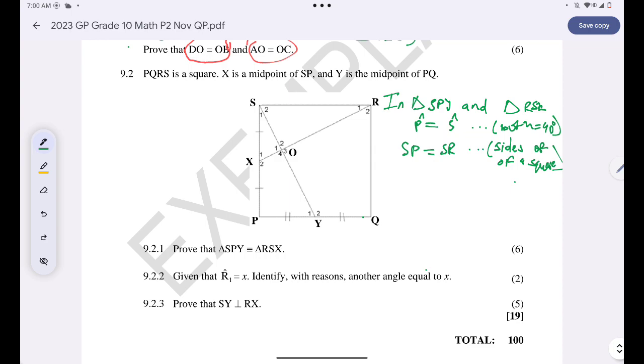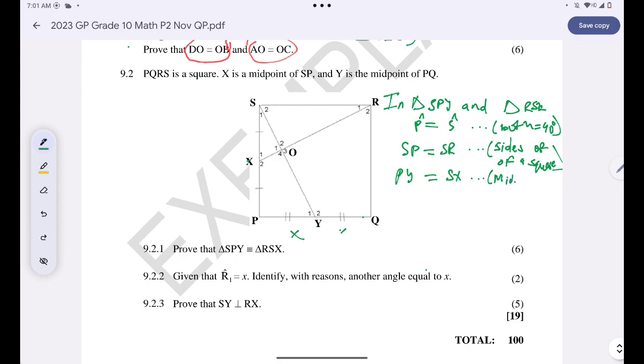And then what do I have? Since X and Y are midpoints, it simply means that this length will be the same as this one. Why? Because the total length is the same as I indicated earlier. If this is 2x, that means it will be x and x. Here as well, it will be x and x. So I will simply say PY is equal to SX.